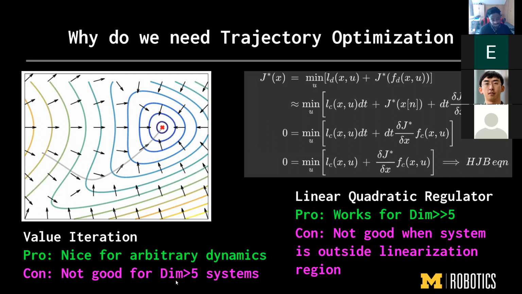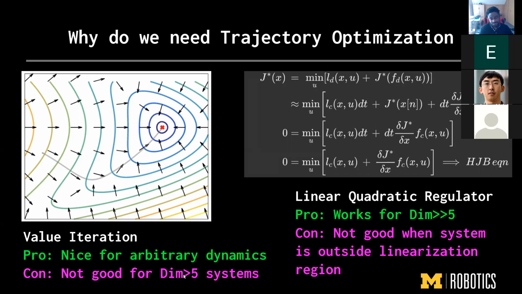Experimentally, you realize that above dimension 5, that is, if your system has more than 5 dimensions, it becomes infeasible to use value iteration to solve your problem, at least with dynamic programming value iteration. You could probably use neural networks and that could work, but for this formulation of value iteration, it's probably not going to work for higher dimensional systems.